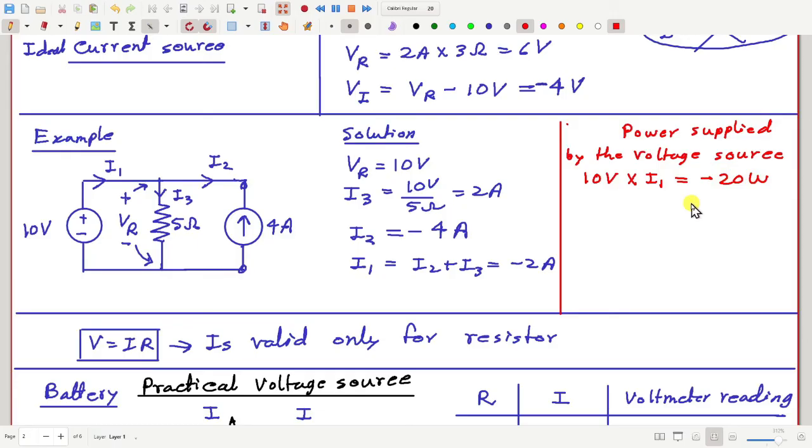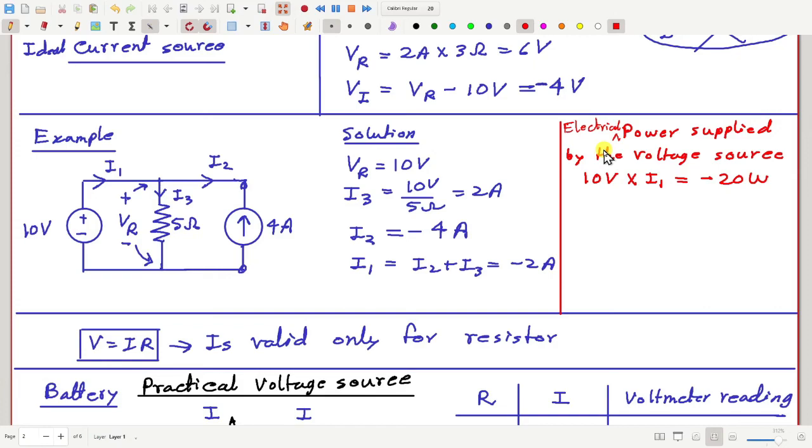When I say power supplied, I implicitly mean electrical power supplied. Actually, power cannot be generated or consumed in an absolute sense.